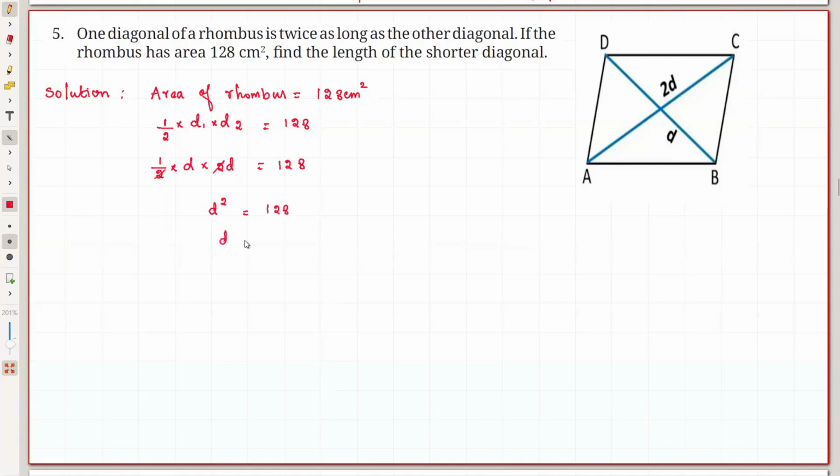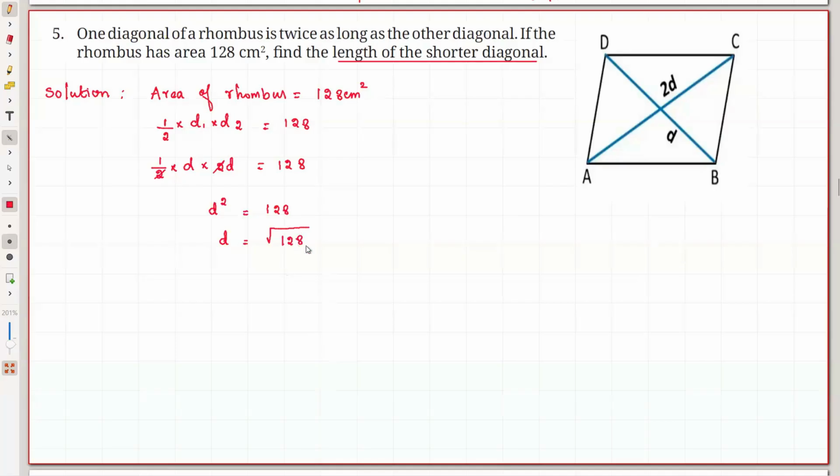Now D is equal to square root of 128. They are asking the length of the shorter diagonal, that is nothing but D value. So D is equal to square root of 128.